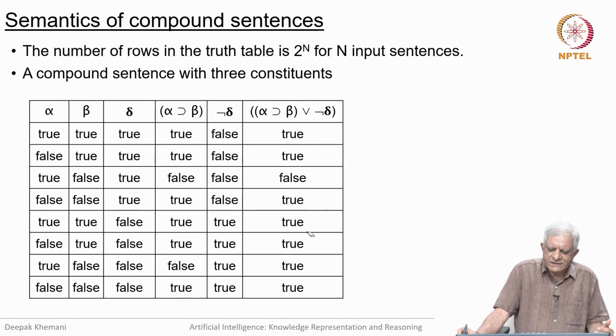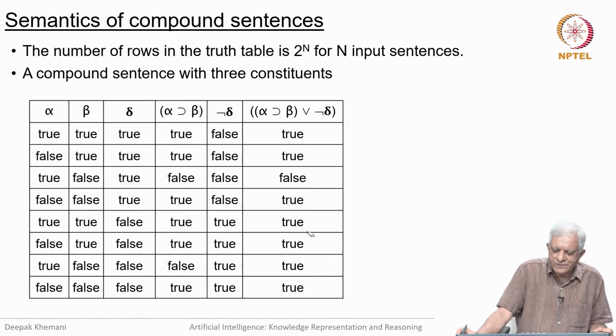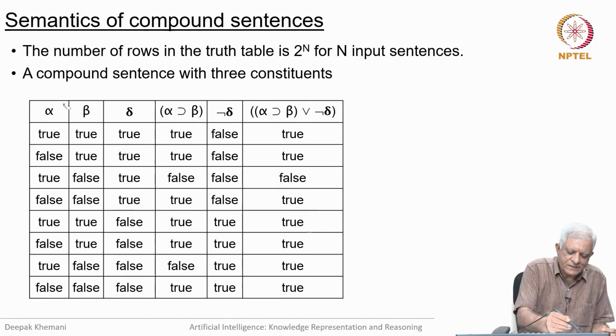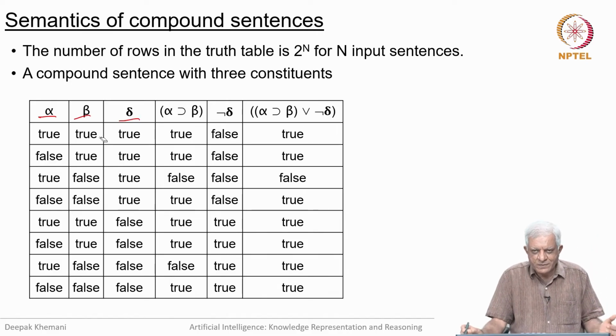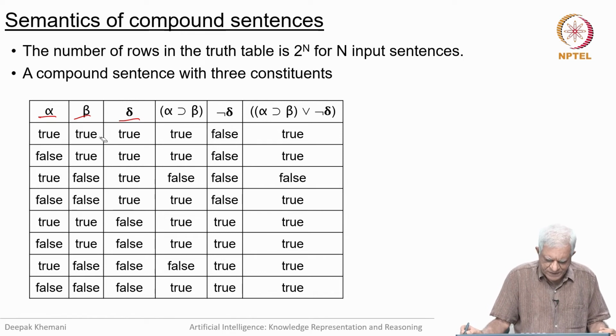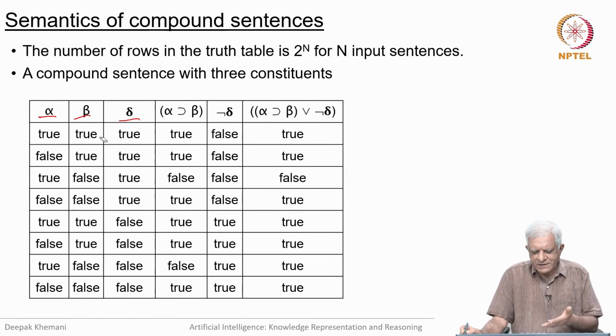So, the number of rows is of course, as I said, 2 raised to n. So, here I have constructed just another truth table with 3 variables. So, they are alpha, beta and gamma, and therefore, we have 8 rows as you can see for all combinations of these true false values, and we can in a similar fashion construct.